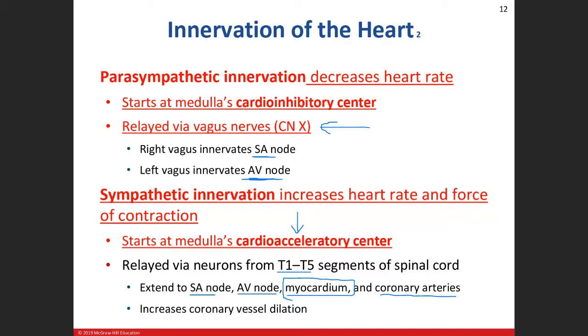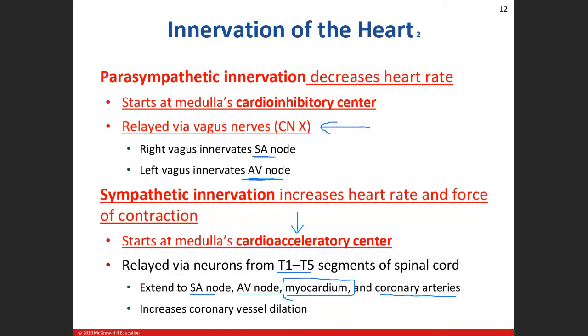So you're probably thinking, what the heck, why coronary arteries? We will talk about this. If you remember, we talked about how arteries will vasodilate and vasoconstrict. There's only one division of the autonomic nervous system that influences that, and that's the sympathetic division.